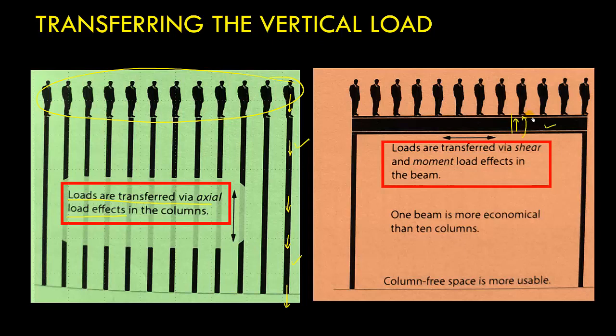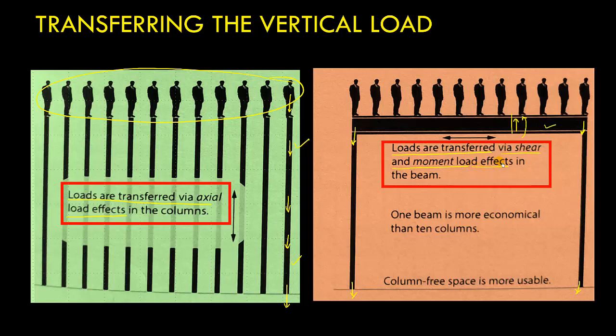And through this shear and moment effect, finally the weight of these persons will get transferred to the column and finally to the ground. So you see in this case, the weight of these persons is getting transferred to the column via shear and moment effect. So we can say for a beam, loads are transferred via shear and moment load effect.